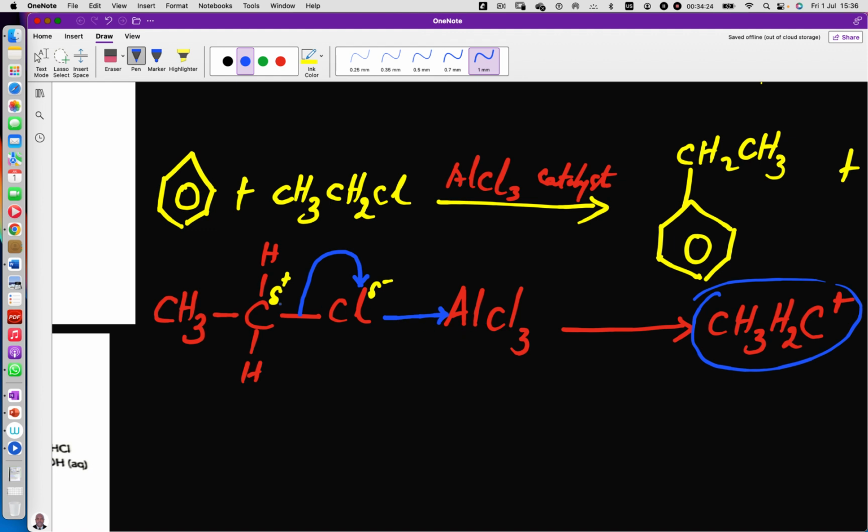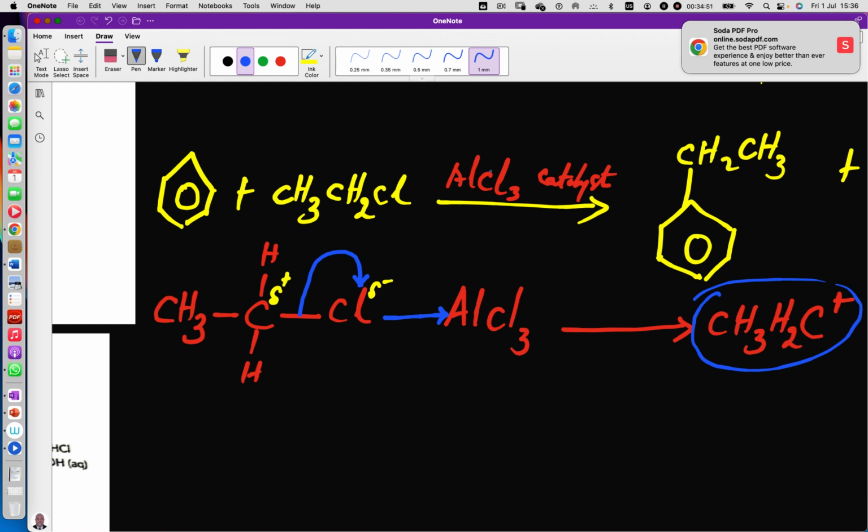And when it does that, electrons in this carbon are drawn towards this chlorine, because chlorine is donating a pair of electrons into the empty 3p orbital in aluminum.